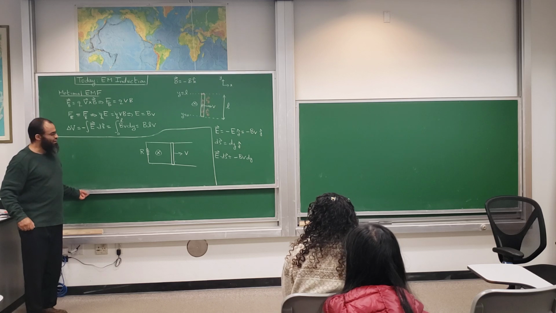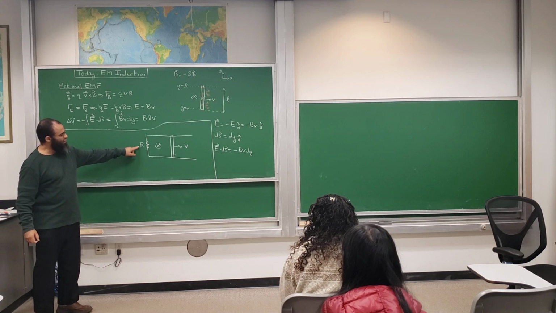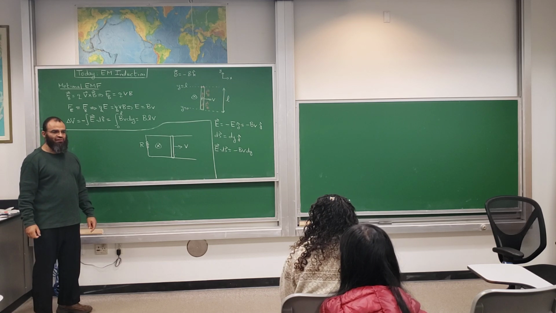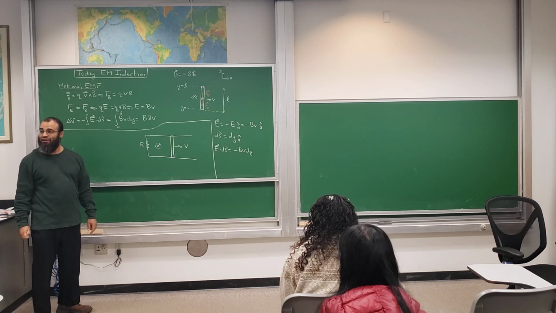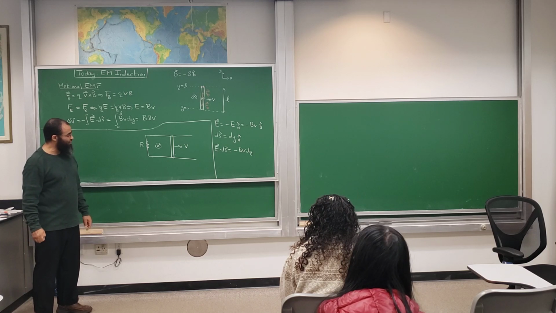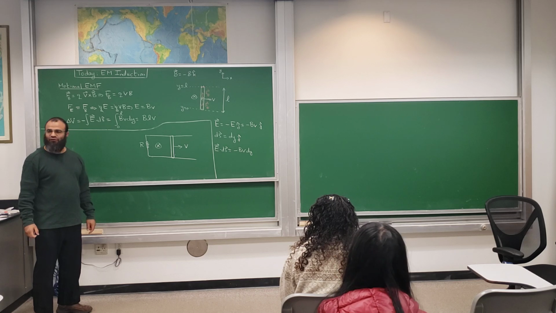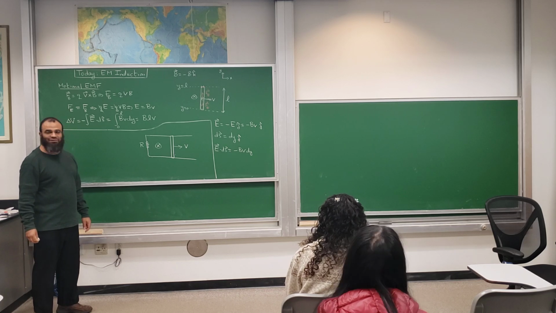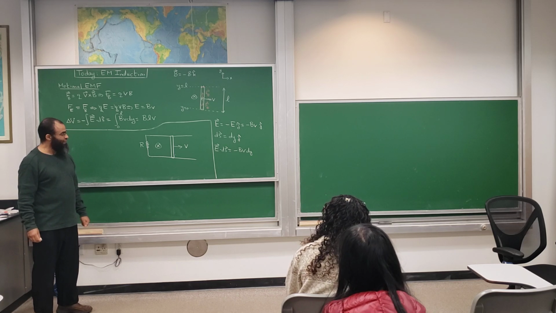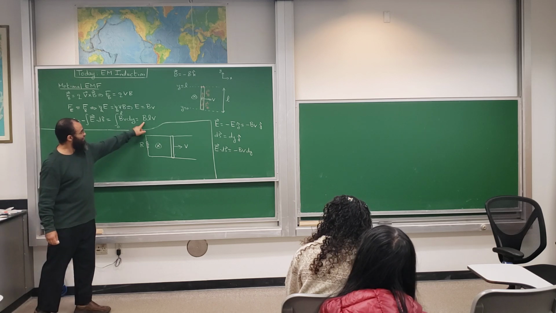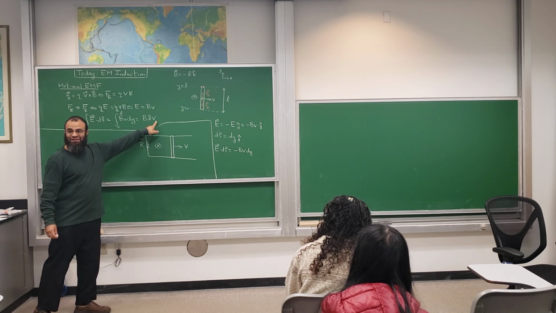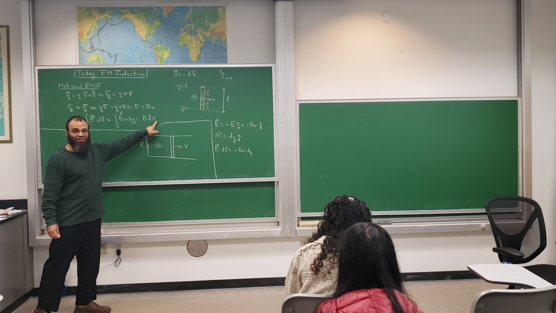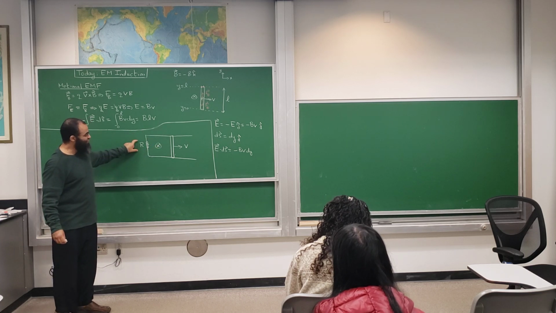So now, what's the potential difference across this resistor? IR. Yeah, the current. IR would be the potential, but in terms of what I had earlier, EL. Yes, that's BLV, the potential difference across this resistor.